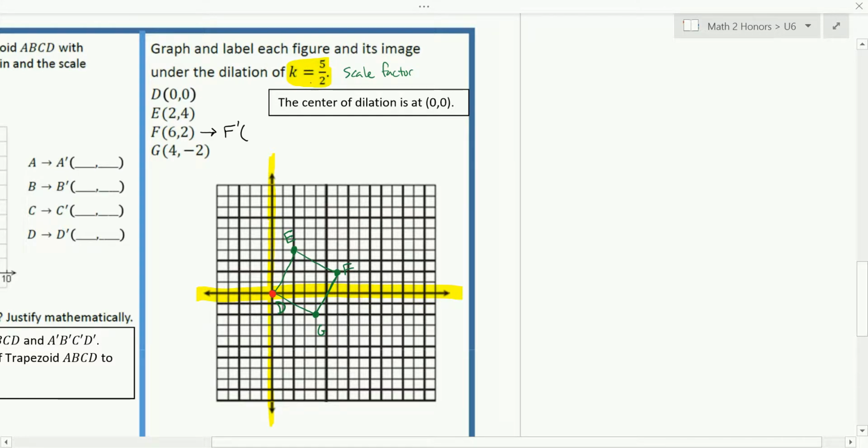So scale factor is what you multiply things by, right? So if I multiply 6 times 5 over 2, I get 30 over 2. And if I multiply 2 times 5 over 2, I get 10 over 2. And I can reduce those. And I get 15, 5. And that's where our F prime is going to be. 15, 5.